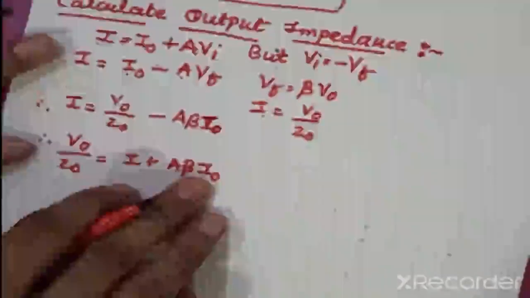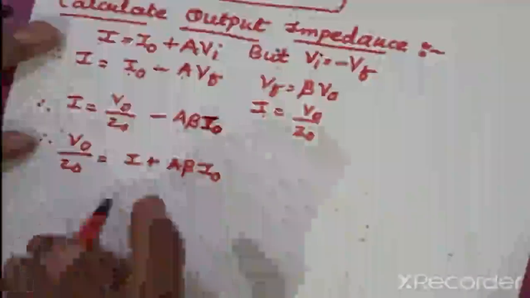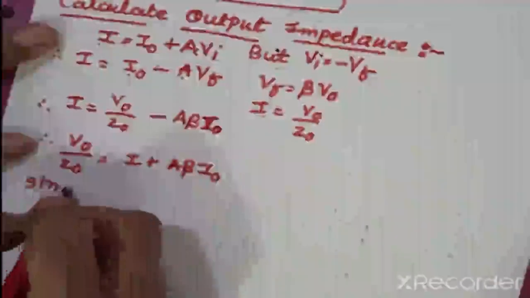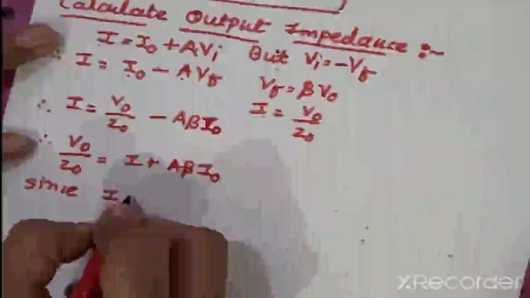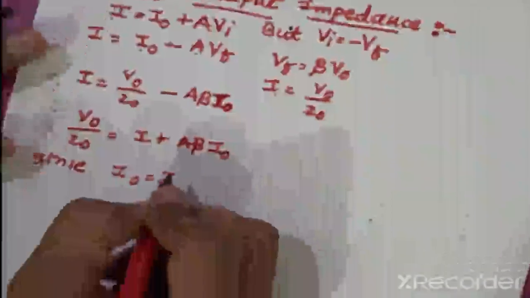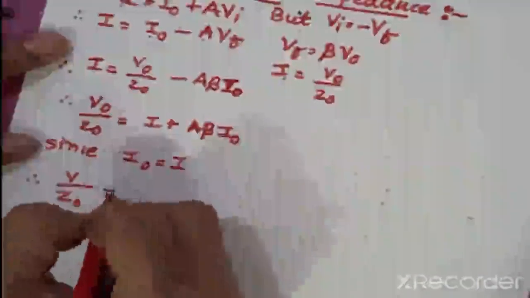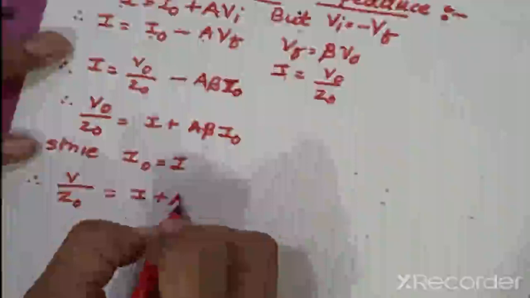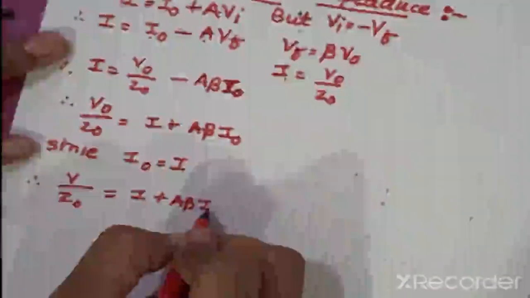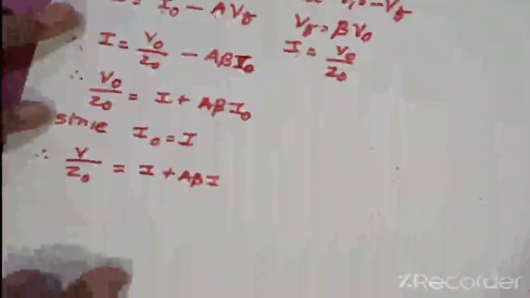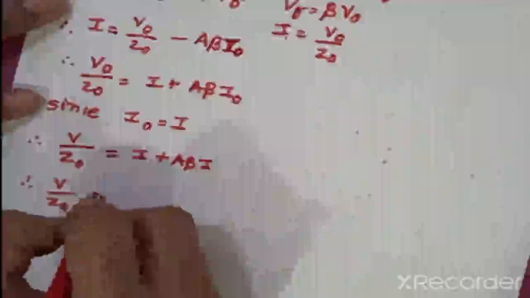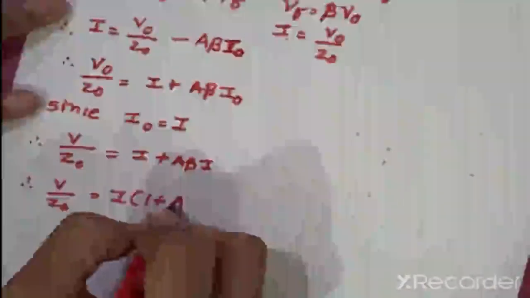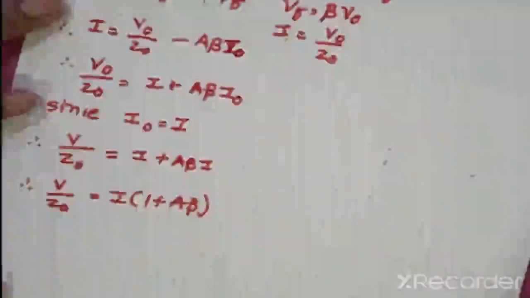Since Io is equal to I, V upon Zo is equal to I plus A beta I. Taking I common, V upon Zo is equal to I into 1 plus A beta.